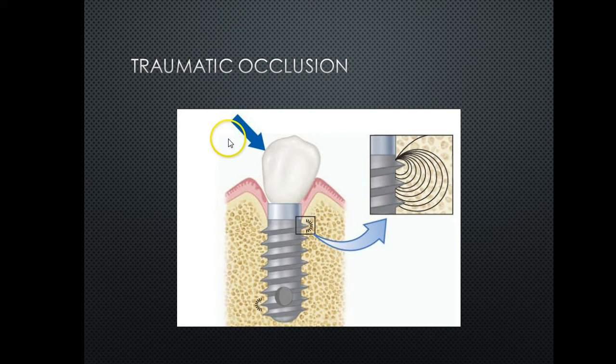A traumatic occlusion can actually lead to crestal bone loss, even though you think you've done a great job placing the implant. It was integrated, there was no bone loss, and as soon as you place the prosthetic, all of a sudden you start seeing crestal bone loss. Maybe that's because of the traumatic occlusion. So that's how important correct restorative occlusion can be to the success of the implant itself, and we have seen that in our practice.